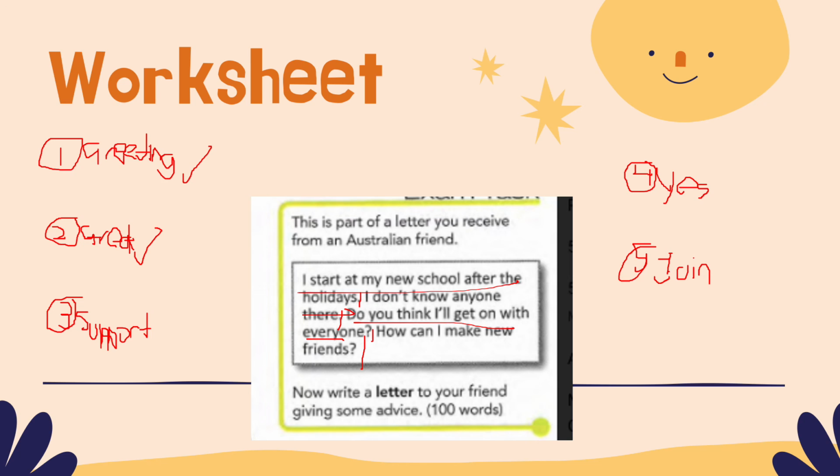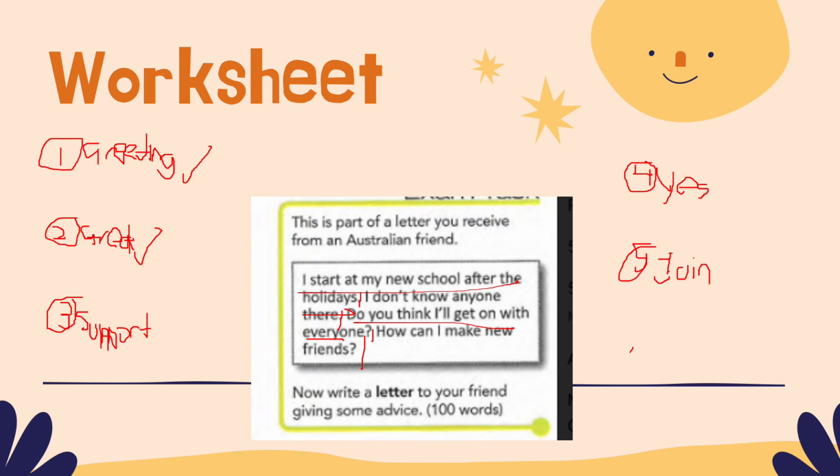And then, how can I make new friends? You can say you can make new friends by joining the community or joining sports or clubs at the school. From there, you develop your points and also mention all the explanation by responding to the points in the body of the letter.